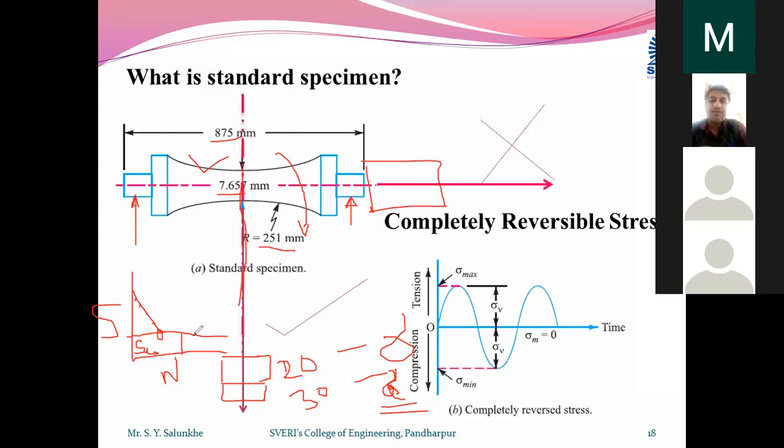Do you get it? Yes. Okay, can we move further?